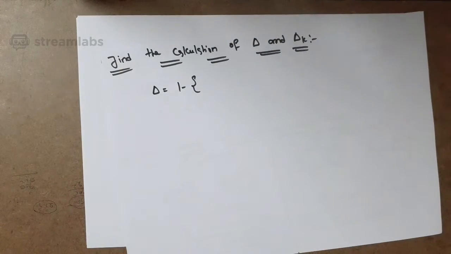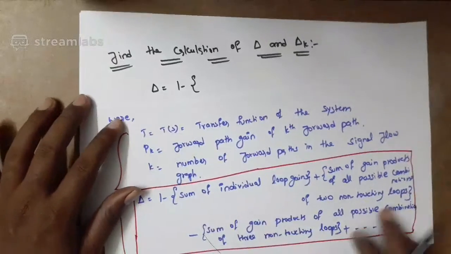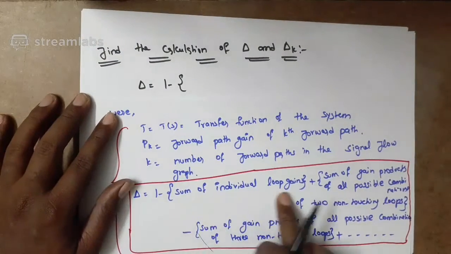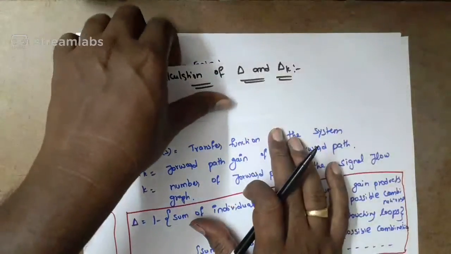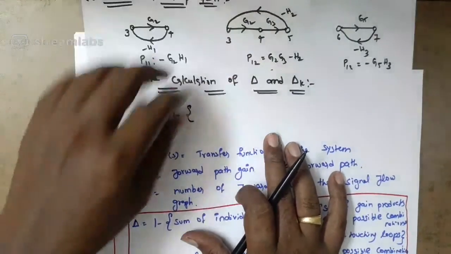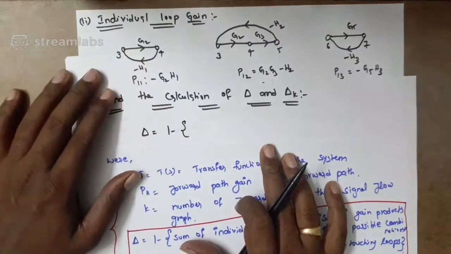You see here, the formula is 1 minus the sum of individual loop gains. What are our individual loop gains? See here, these are the sum of individual loop gains.